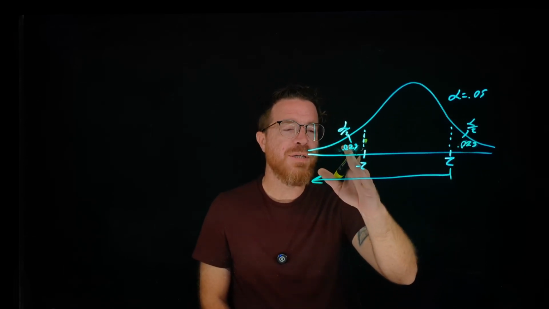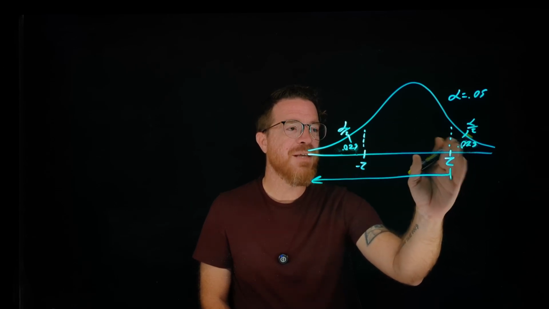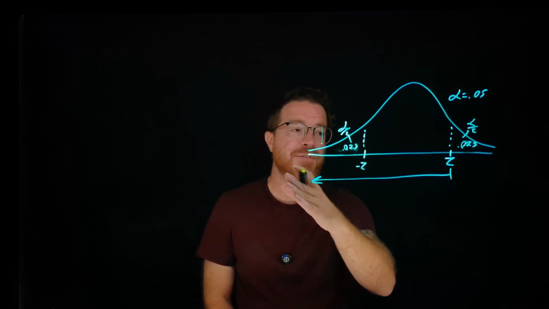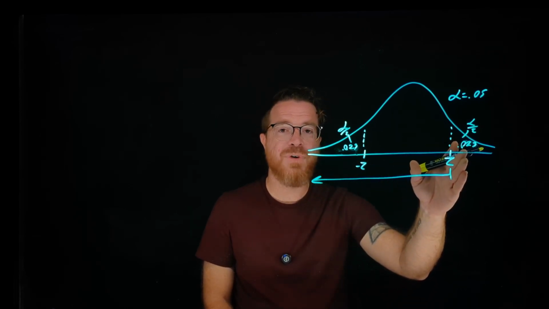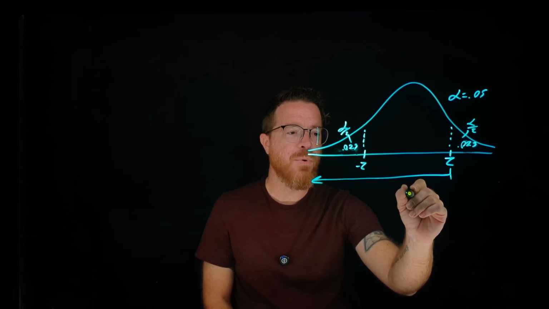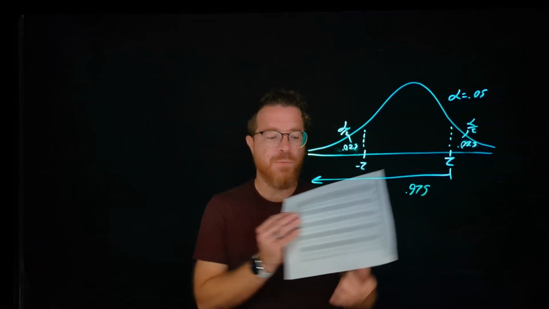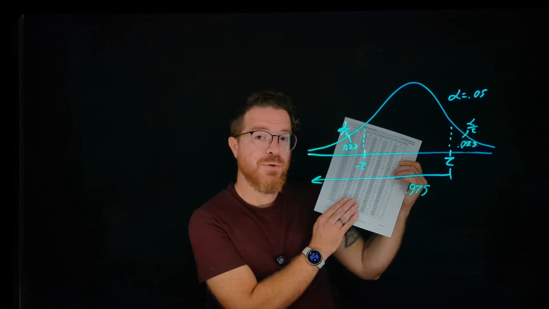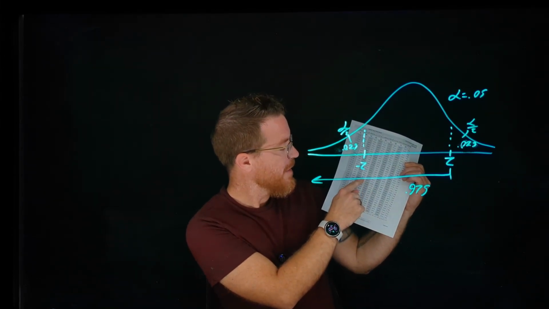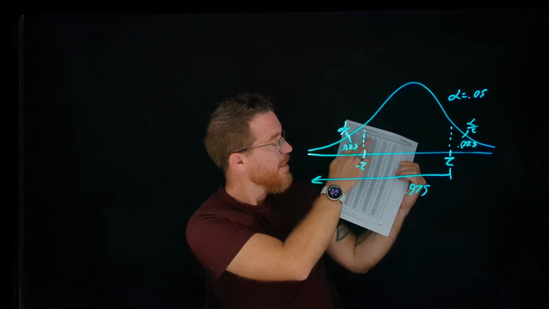If this is 0.025 and this is whatever's left and 0.025, we need to know how much has to fall to the left of this value. Well, if this is 0.025 or 2.5%, we know then that this needs to be 0.975. So we would go into our table and find what z-value is associated with 0.975. We go down here to 0.975 on the table, and this gives us a value of 1.96.